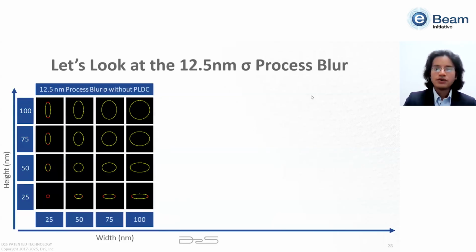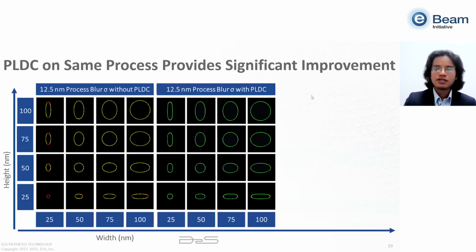But when you use PLDC, you can see how different it is when not using PLDC. So you can see all the dose margins are much better. You can also see that the shapes are actually printing to the actual desired target.